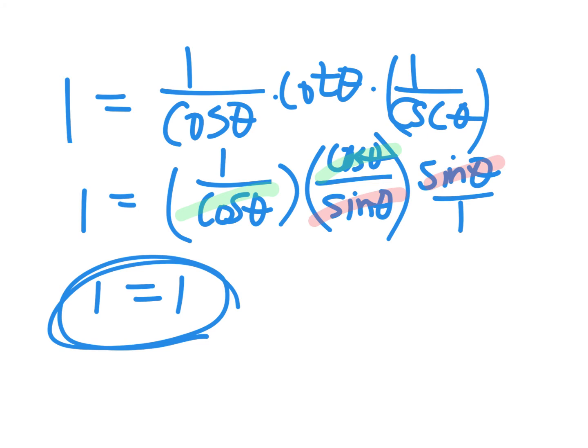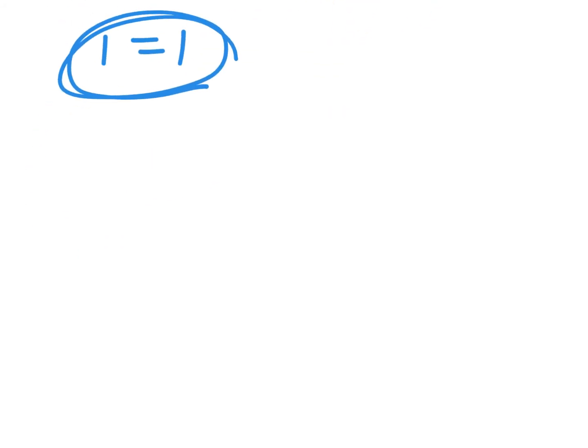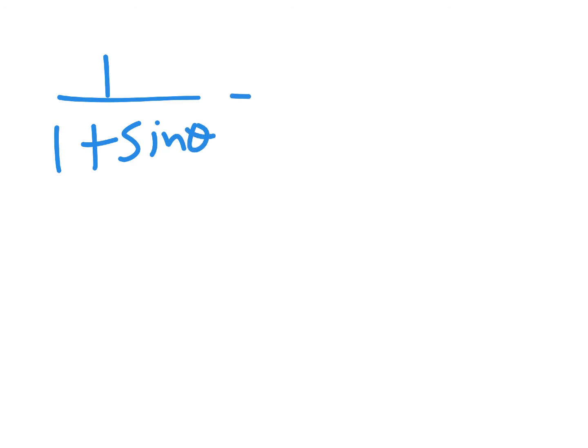Okay, next one for a proof. I suggested kids try to prove that 1 over 1 plus sine. And as soon as I see that, I start thinking conjugates. You know why? Because if that was 1 squared minus sine squared, then it can change to cosine. So I'm thinking conjugates.